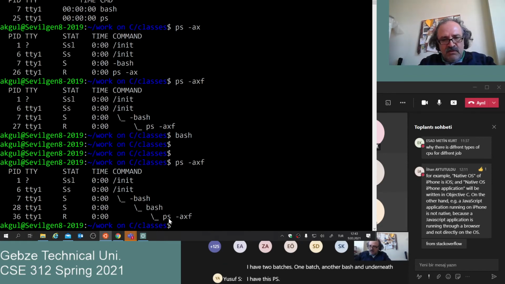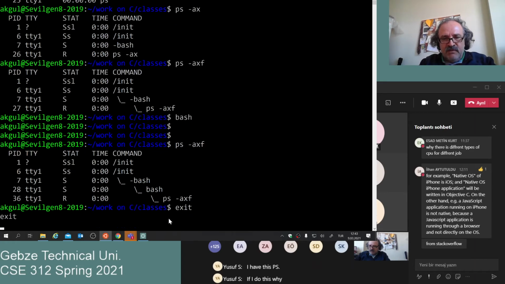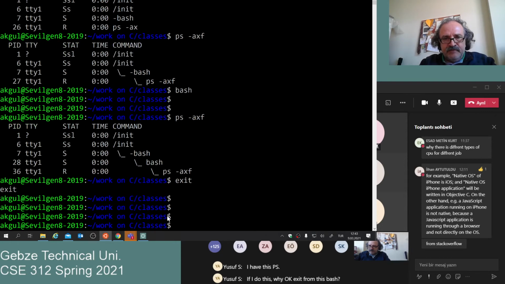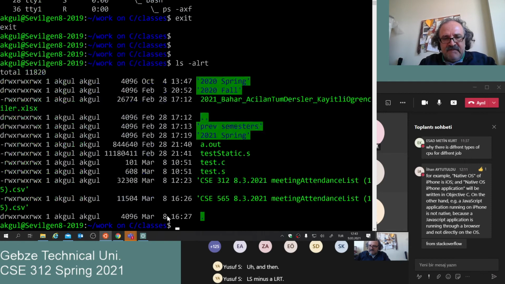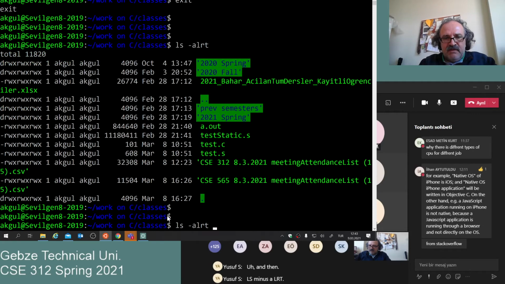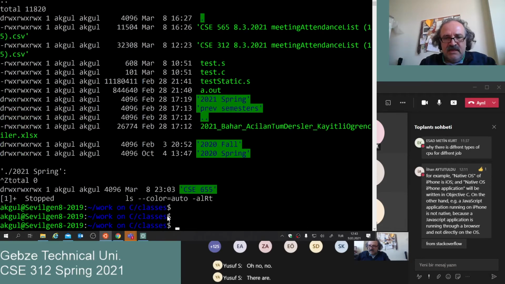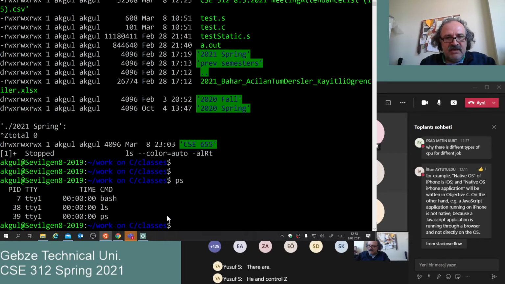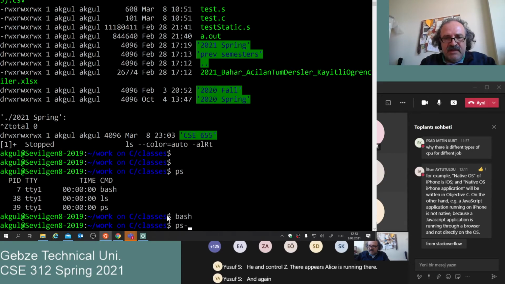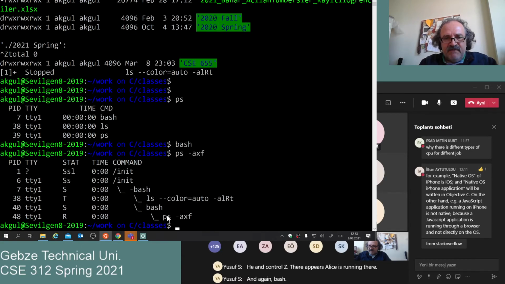If I do this, exit from this bash, and ls minus alrt and control Z. Now ls is running there, and again bash, PS AXF.